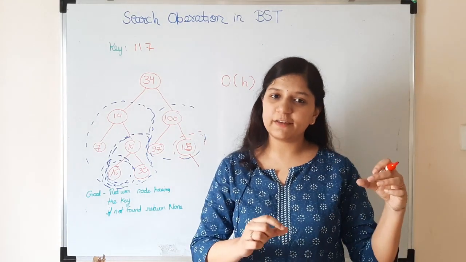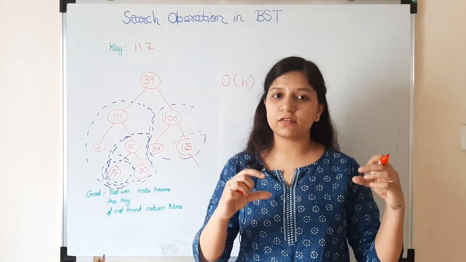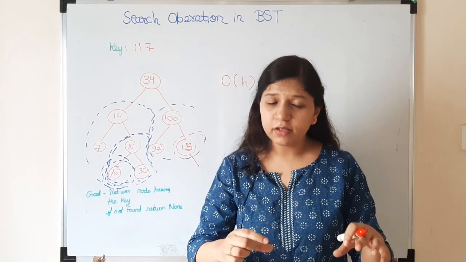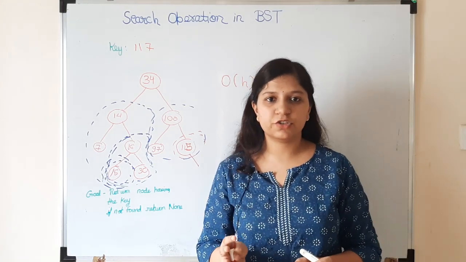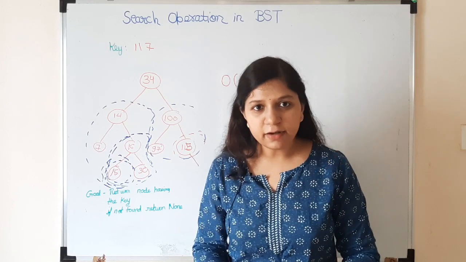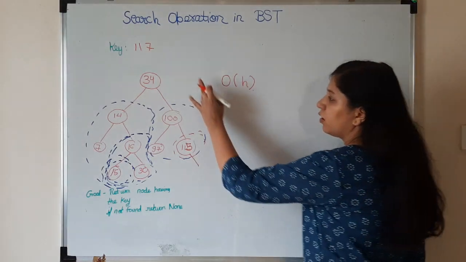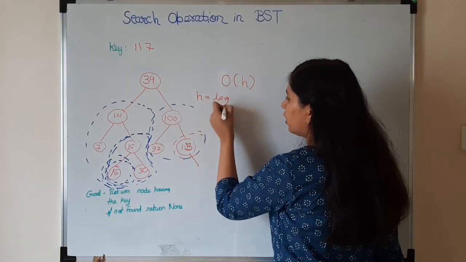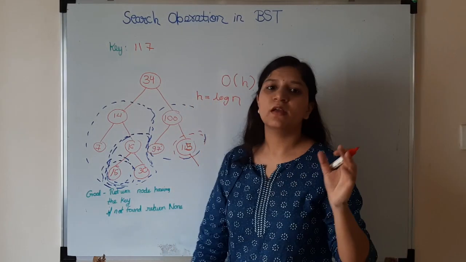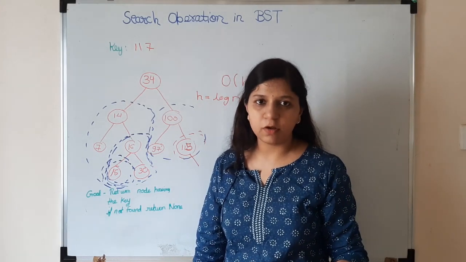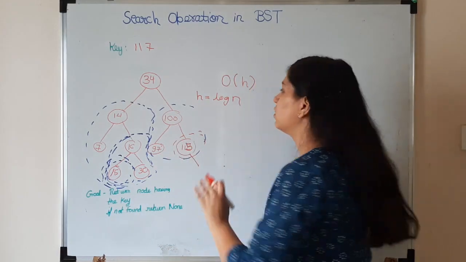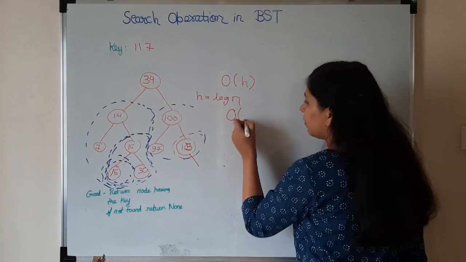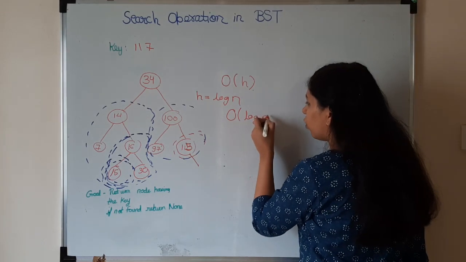If the height of your left subtree and right subtree has no more difference than 1, then it is called a balanced binary search tree. If your tree is like that, in that case height becomes log n. This could be the minimum height possible of the tree having n elements. So in the best case, it will take log n.